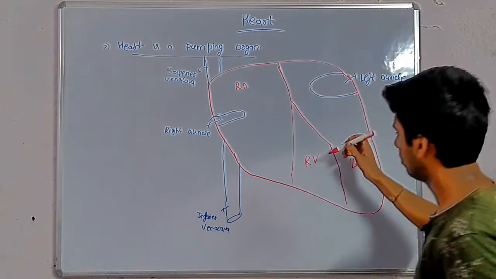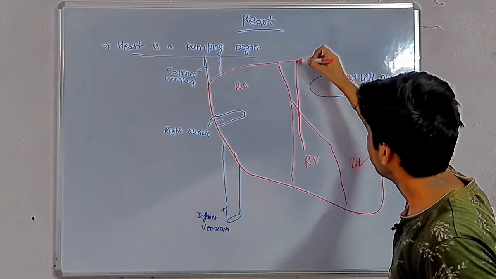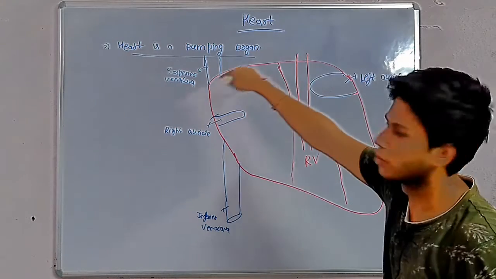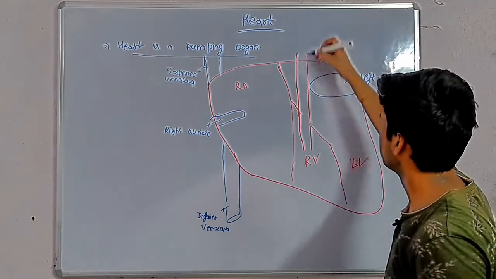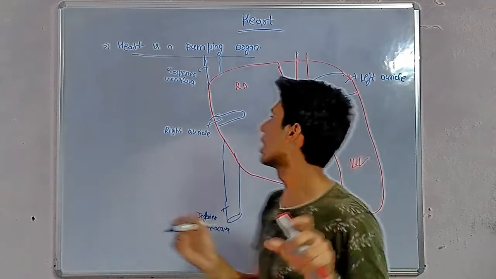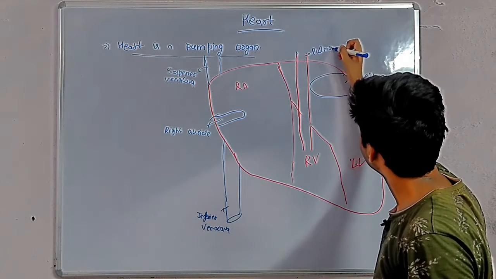From the right ventricle, a pulmonary trunk arises towards the base. This is the base. This is called the pulmonary trunk, which divides into two pulmonary arteries, left side and right side.